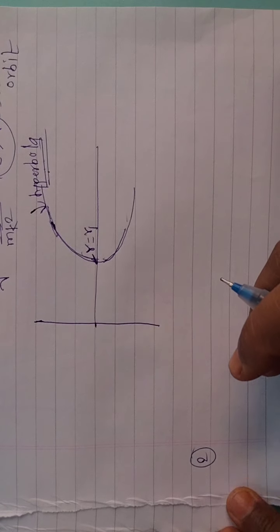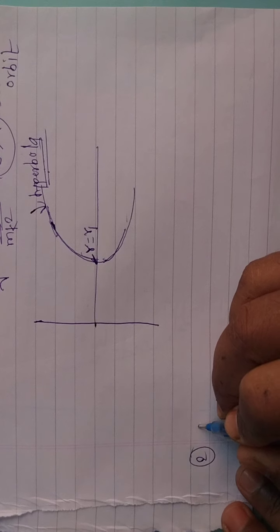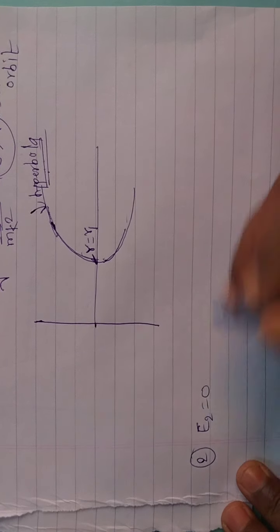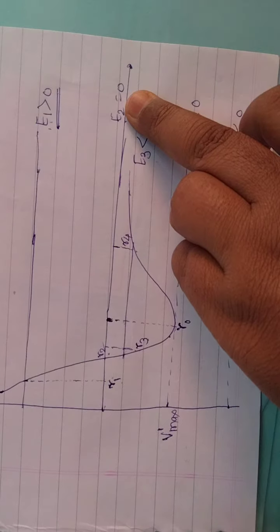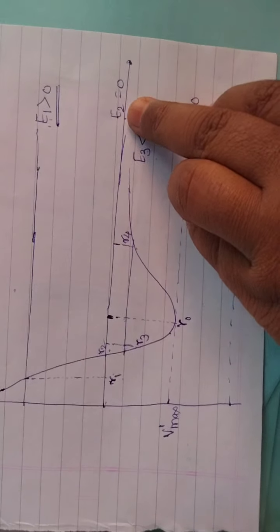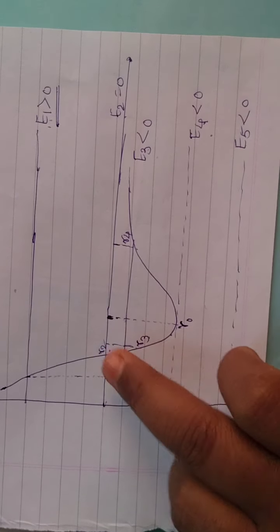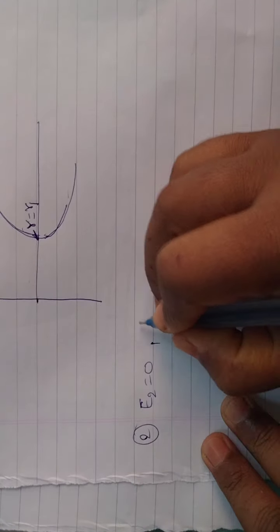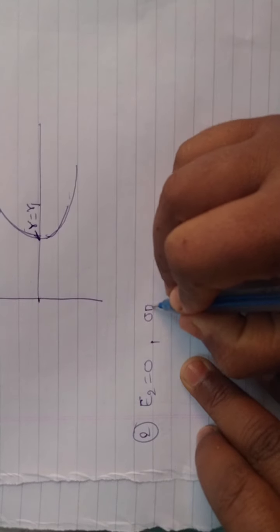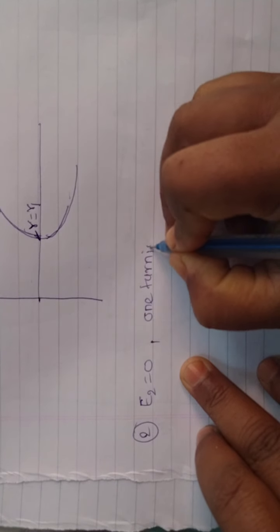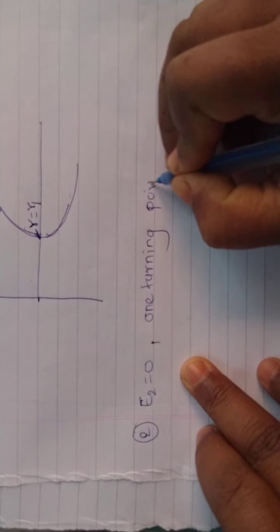Now we consider the second energy. Second case, E2 is equal to 0. Here E2 is equal to 0. The intercept for this E2 is r equal to r2. So here there is one turning point for this. Turning point means the energy changes at this point.